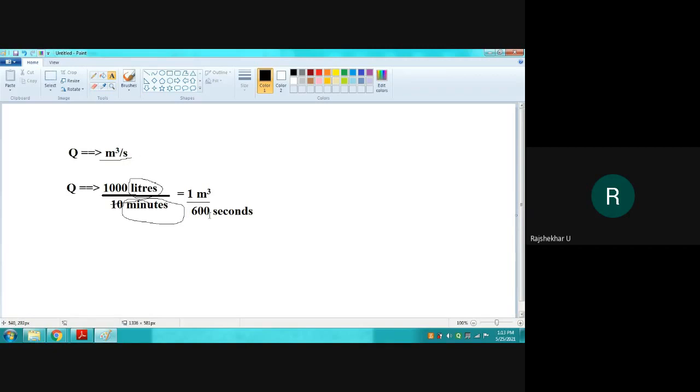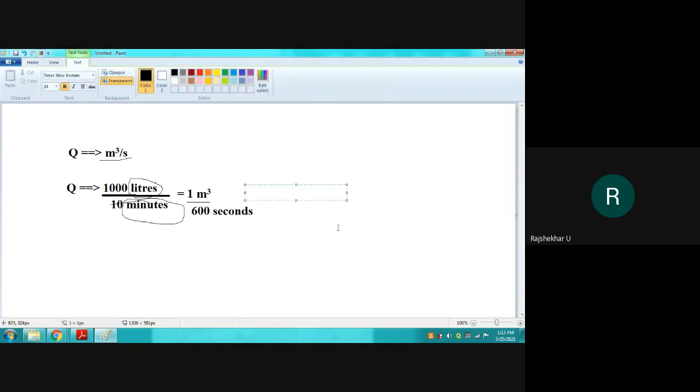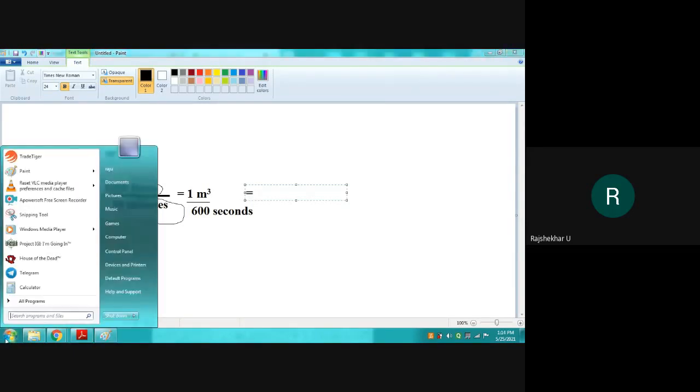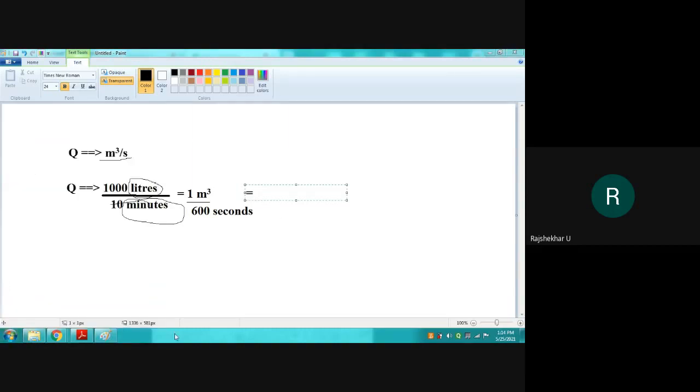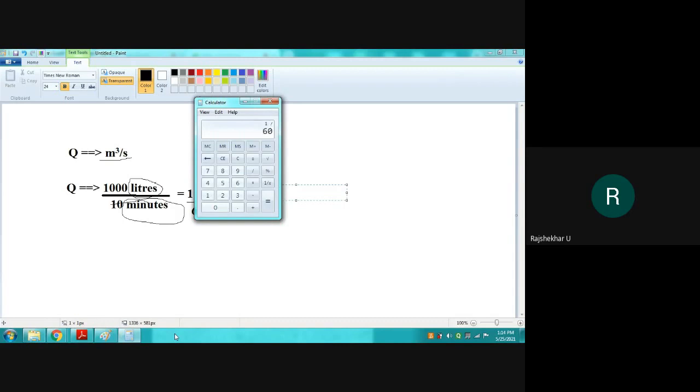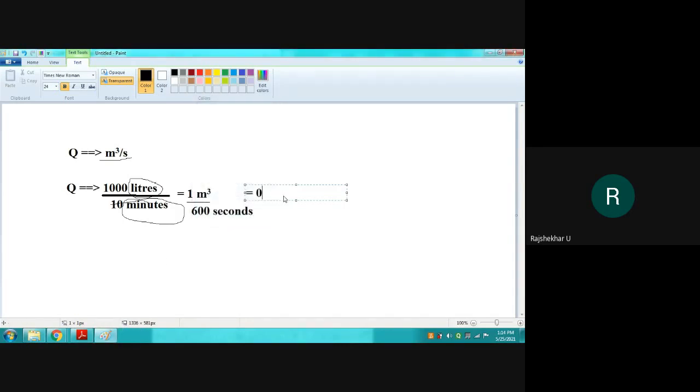So if you divide 1 by 600, how much will you get? 0.00167. That is meter cube per second.